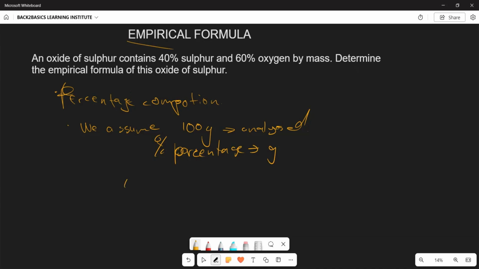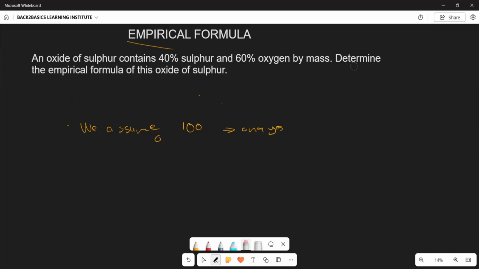For example, if you have 100%, all those percentages are going to be converted to 100 grams, which means whatever percentage you have can be converted into grams. Now, let's look at this particular example and see what we can do to find the empirical formula.